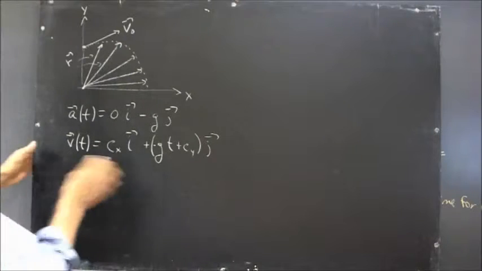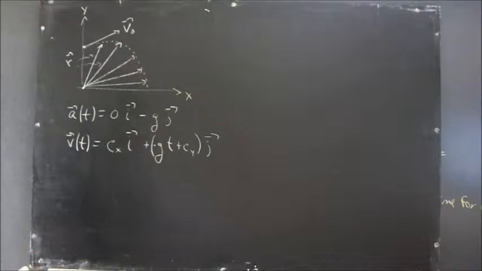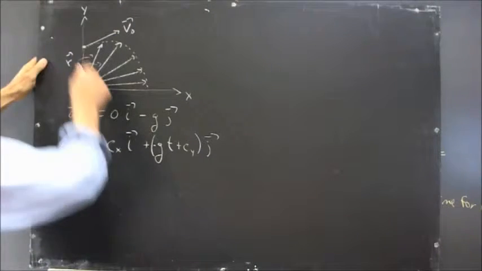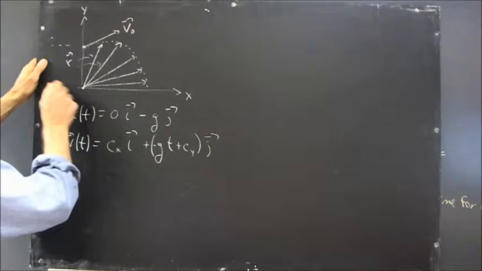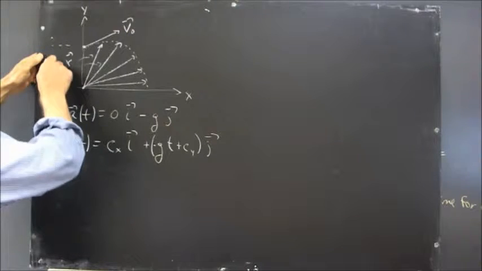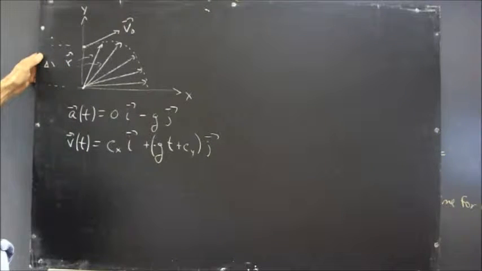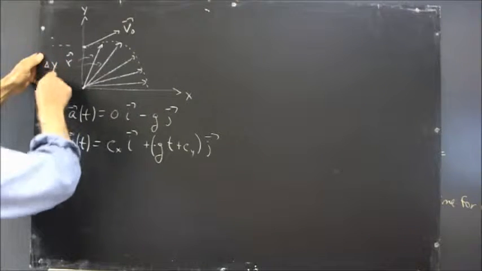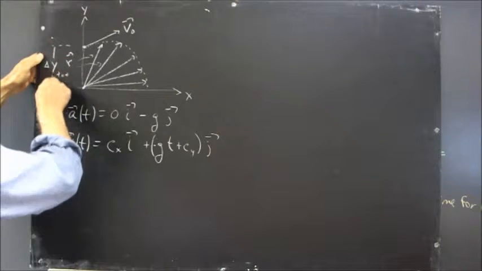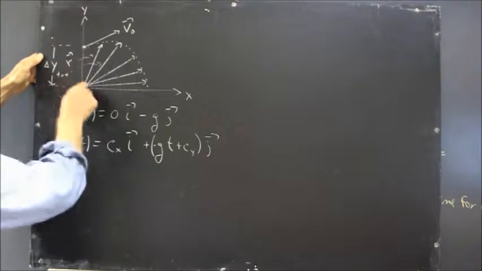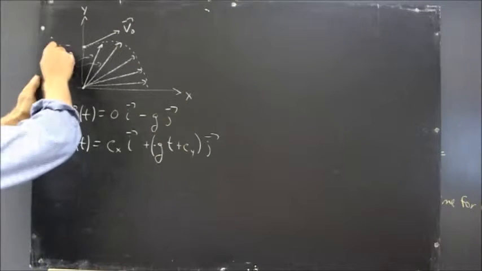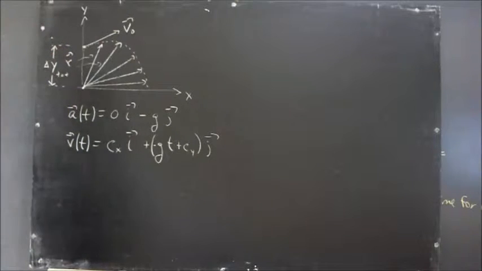And we have the condition. Now, we haven't said what the initial condition is. Let's assume that this distance of descent here, from here down to here, is delta y total.